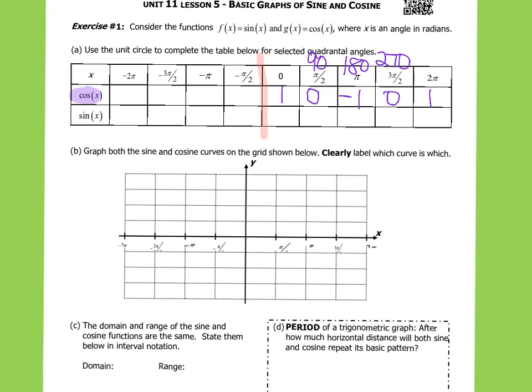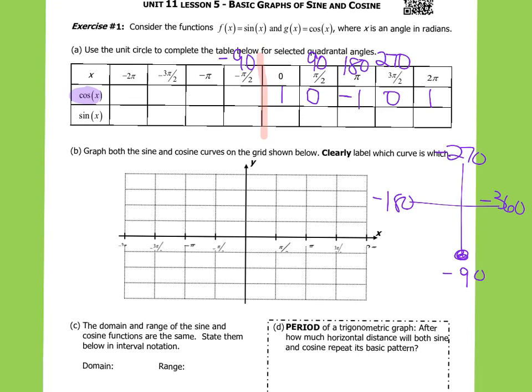Now I'm going to go backwards here. So let me just draw this little sketch real quick. If I'm going backwards, this is -90 degrees, -180, -270, -360. So if I'm at -90 degrees, that's this right here, what is my cosine there?